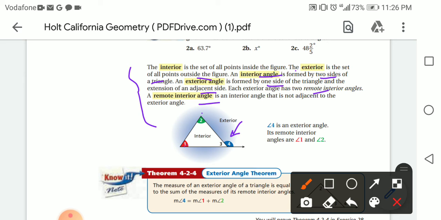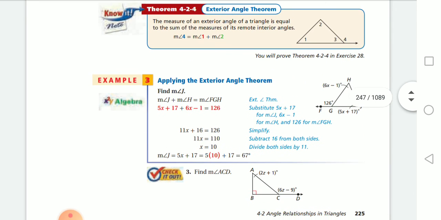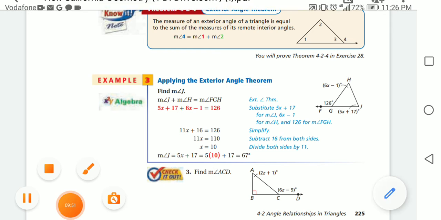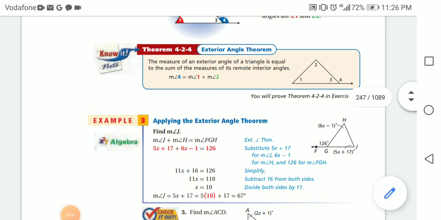Okay, so I have here the exterior angle theorem. The measure of an exterior angle of a triangle is equal to the sum of the measures of its remote interior angles. In this way it will be easier for you.